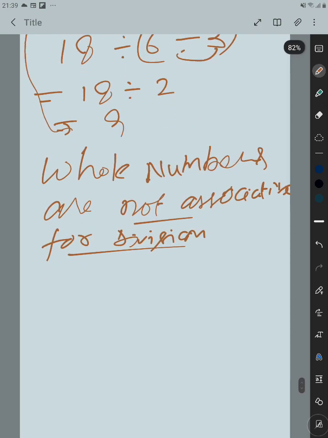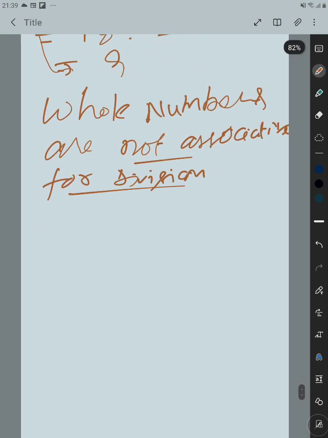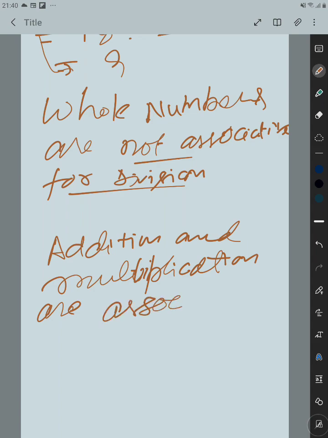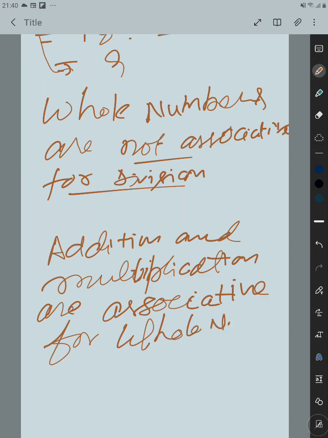So finally we can say that addition and multiplication are associative for whole numbers.